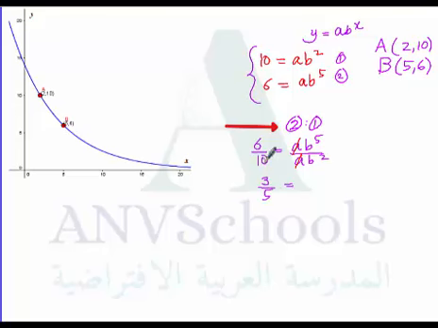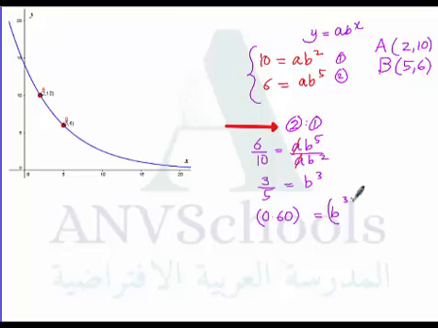So we will have now 6 over 10, or in other words, 3 over 5. We simplified it by dividing both numerator and denominator by 2, and we will have b cubed on the other side. Am I correct? And 3 over 5 is just 0.6, 60%. So we will have to get rid of our 3 here.